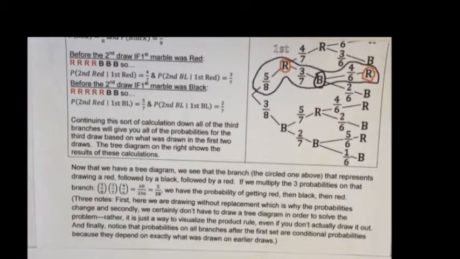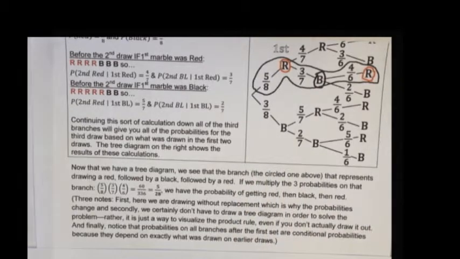You don't really have to draw the tree diagram. Even if you don't draw it, you might visualize it. And finally, the probabilities in all the branches after the first set are actually conditional probabilities. So this probability here is the probability that the second draw is a black, given that the first one was a black. This probability here is the probability that the second one was red, given the first one was black. They're all conditioned on what happened earlier.